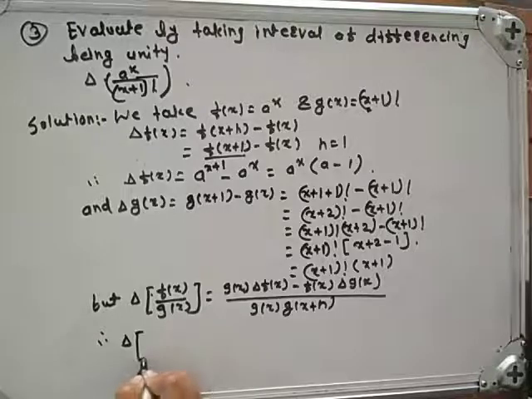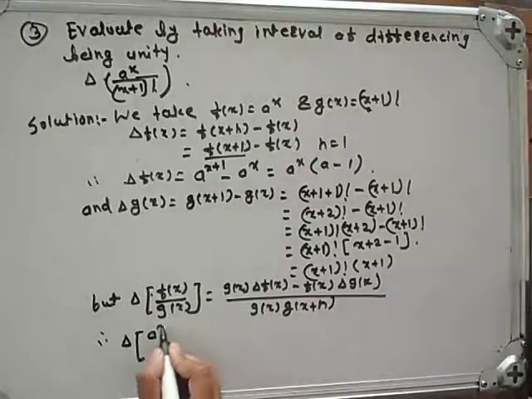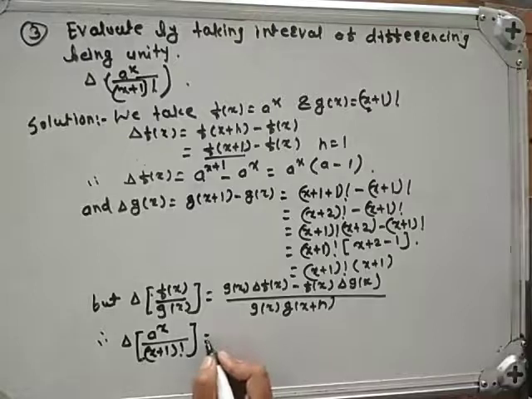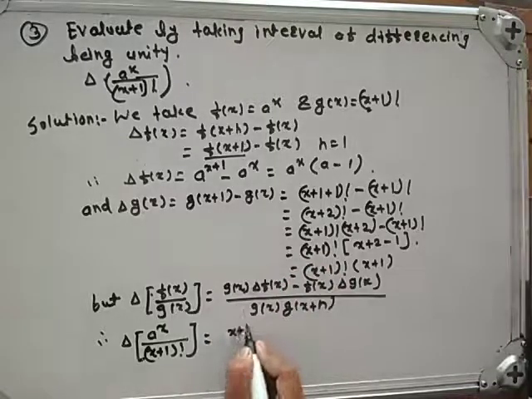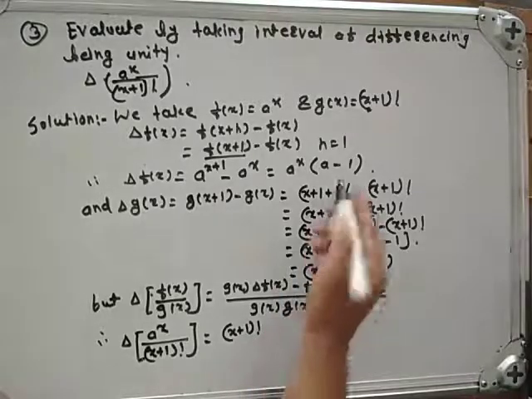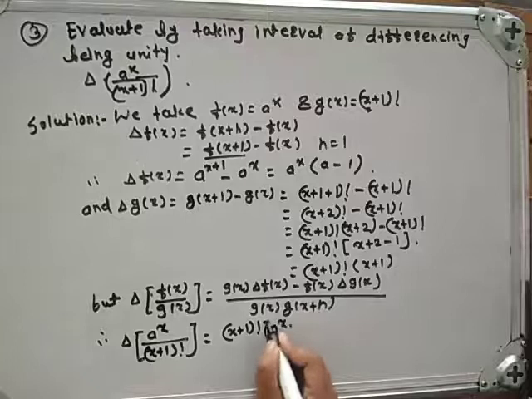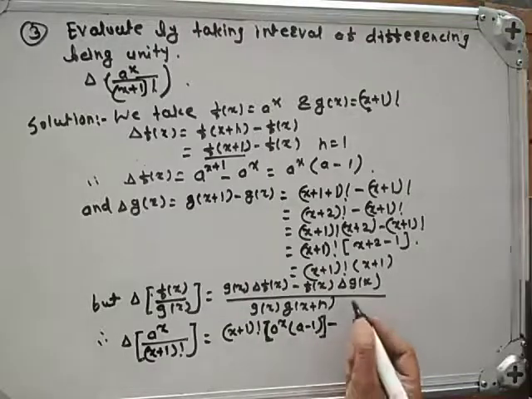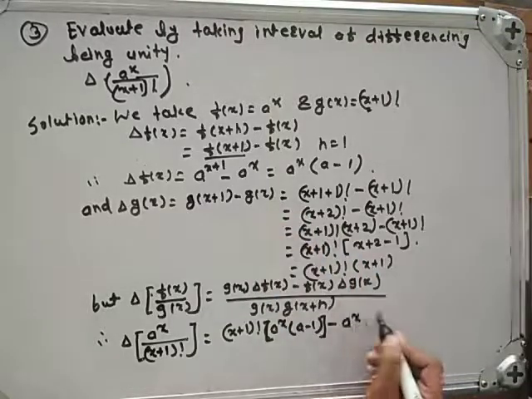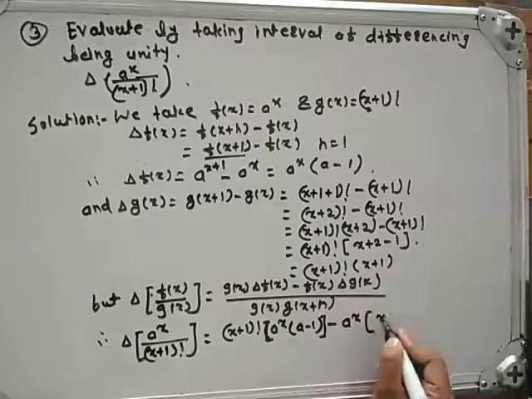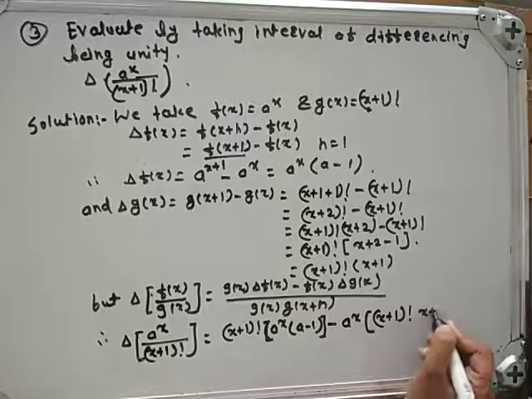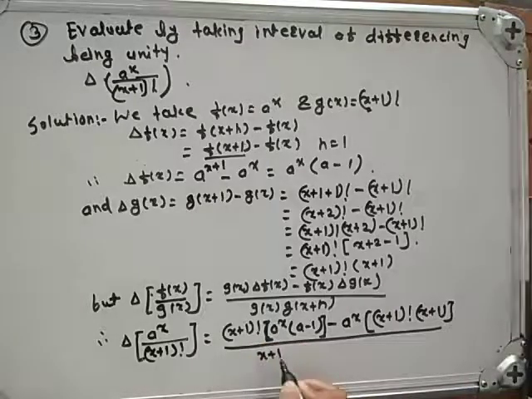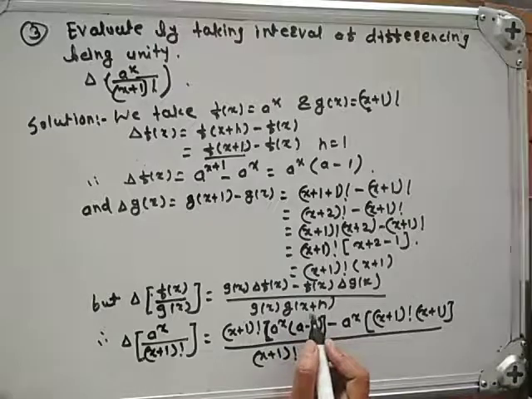Therefore delta of, here we have taken f of x is a raised to x upon g of x is x plus 1 factorial, which is equal to g of x, x plus 1 factorial, into delta f of x, which is a raised to x into a minus 1, minus f of x, a raised to x, into delta g of x, x plus 1 factorial into x plus 1, upon g of x, x plus 1 factorial, into g of x plus h.